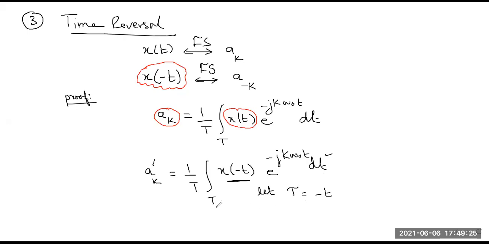Let's assume we integrate over a time period from 0 to capital T. When t is equal to 0, tau will be equal to 0, and when t is equal to capital T, tau will be equal to minus T. And this also means that d tau will be equal to minus dt.